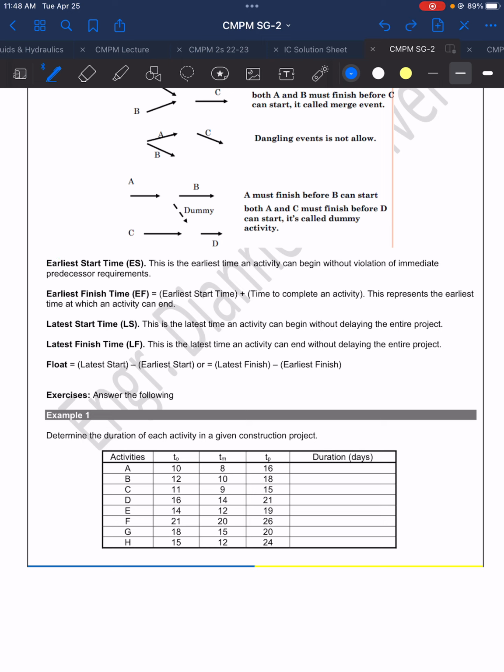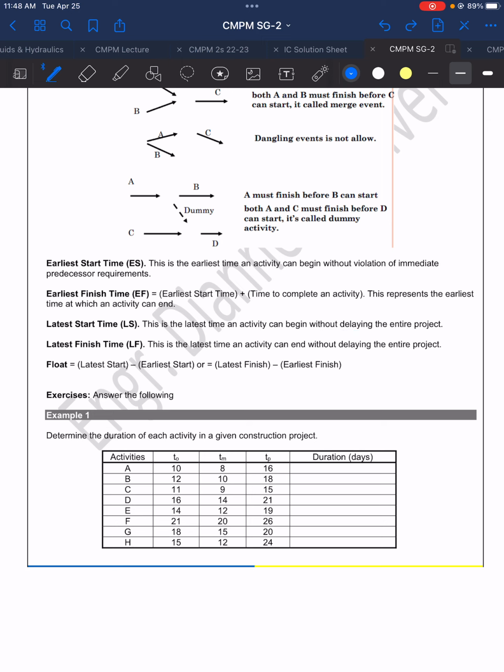Okay, now let's go to the earliest finish time. So earliest finish time, or the EF, represents the earliest time at which an activity can end. And then we have the latest start time, or the LS. This is the latest an activity can begin without delaying the entire project. And the latest finish time is the latest time an activity can end without delaying the entire project.